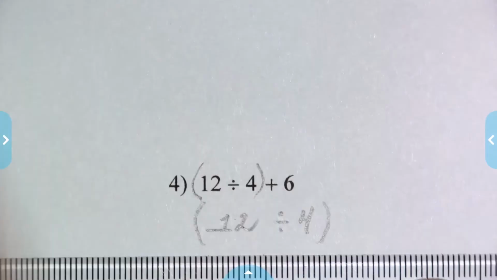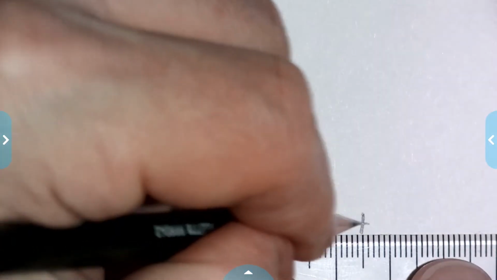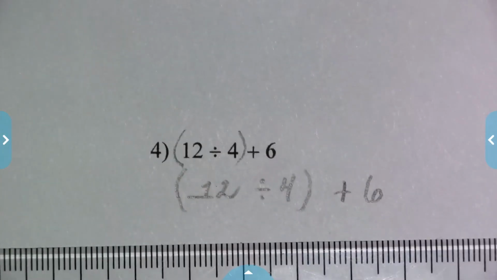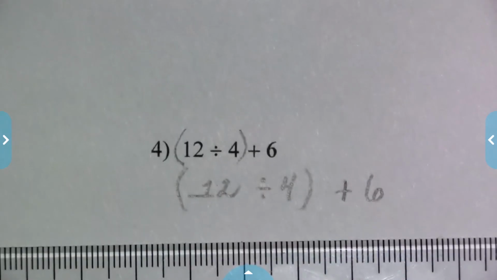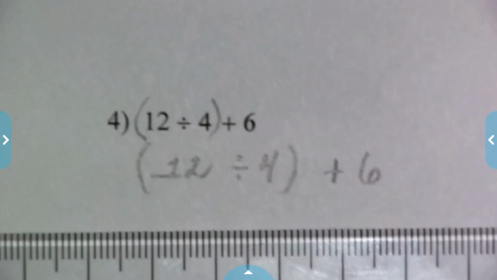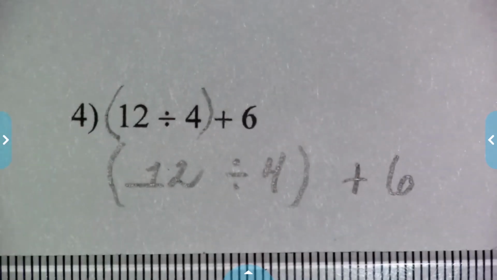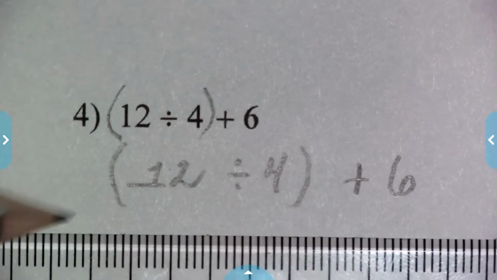And I'm adding the grouping symbol, so there's no question about what to do. Plus 6. Let's zoom in a little bit. There we go.